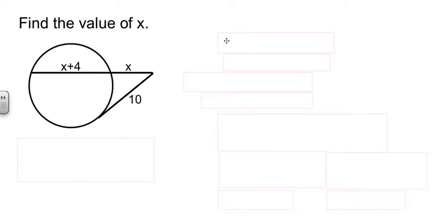Okay. We have a secant, we have a tangent. So the whole length here, 2x plus 4, times the outside part, which is just x, equals the tangent part squared.